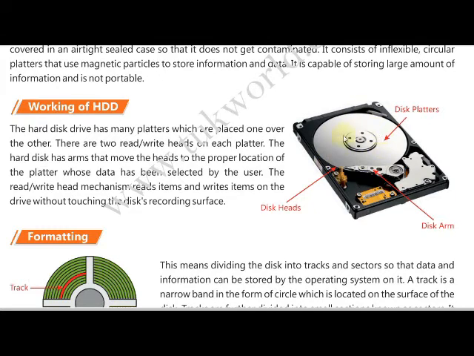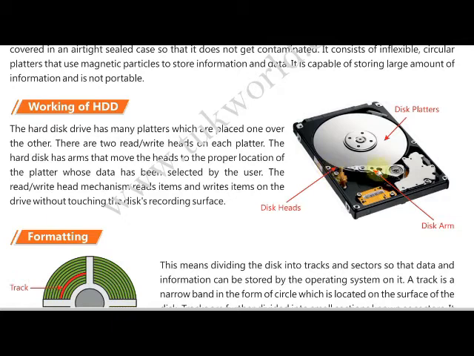Actually there is a stack of disk platters. Stack means here that disk platters are placed one above another, and those disk platters are bound to one spindle. Here you can see that is the spindle. Okay, and whatever data you want to retrieve or write will be retrieved or written by the disk heads.